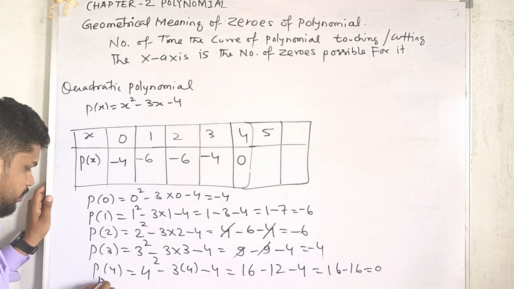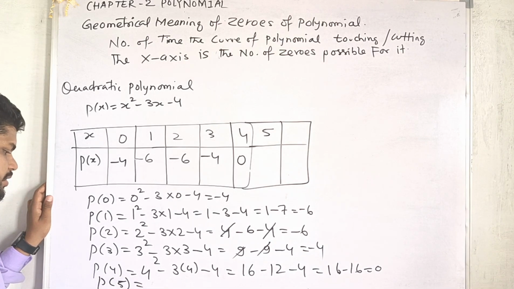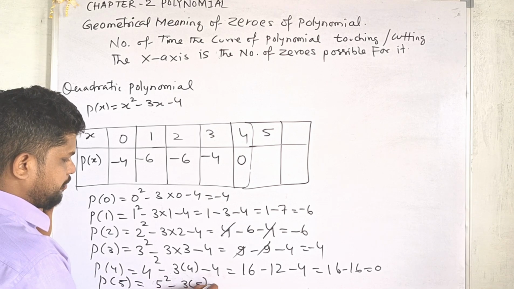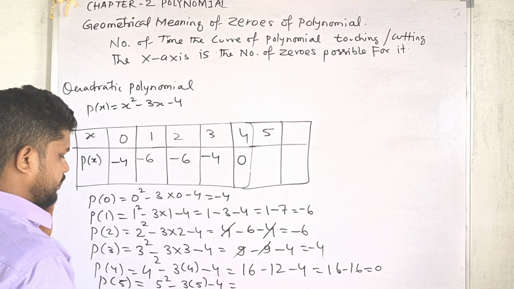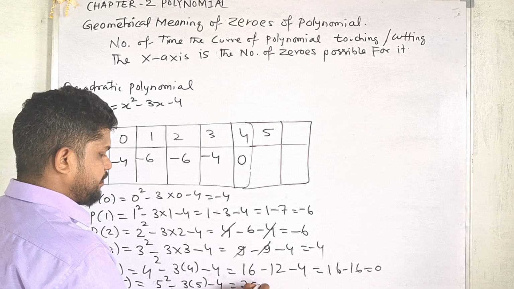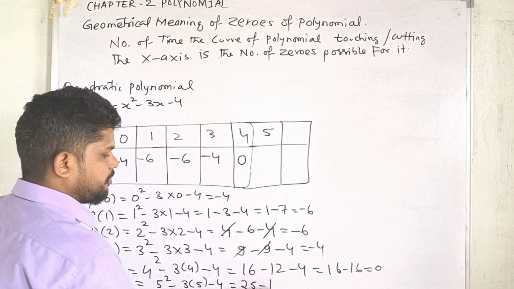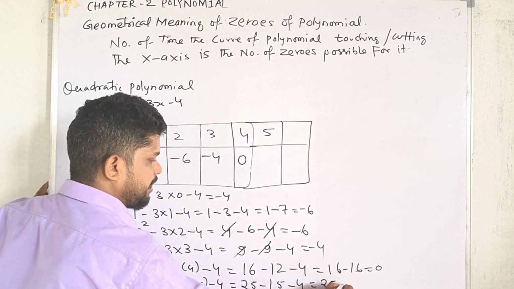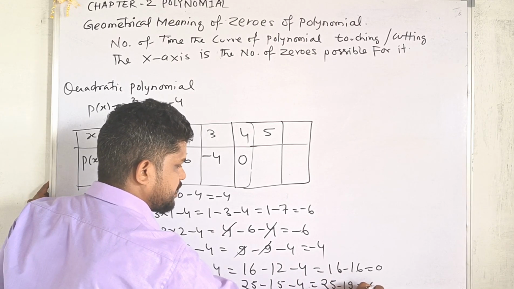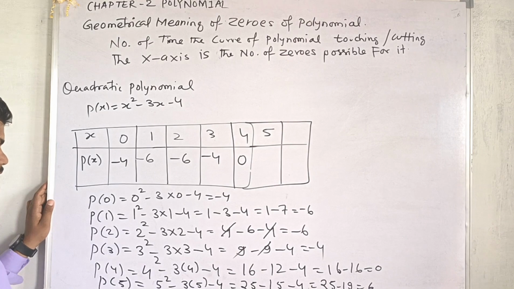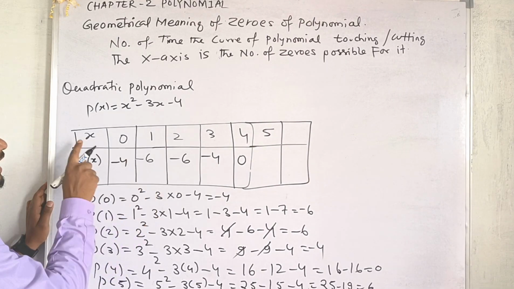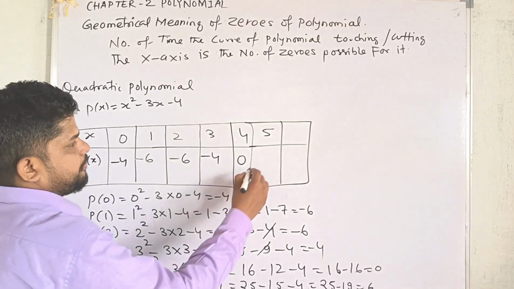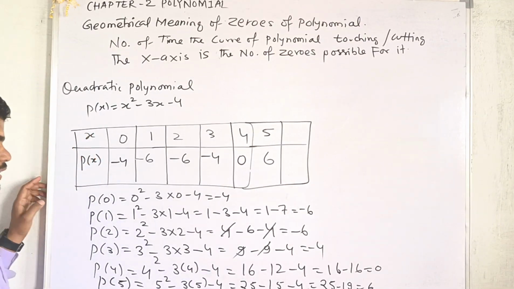So p of 5 will be what? That will be 5 square minus 3 into 5 minus 4. 5 square is 25, 3 into 5 is 15 and minus 4, that is 25 minus 19, that is just 6. So for x equals 5, we are getting p of x equals 6.